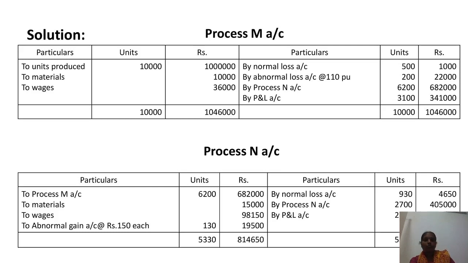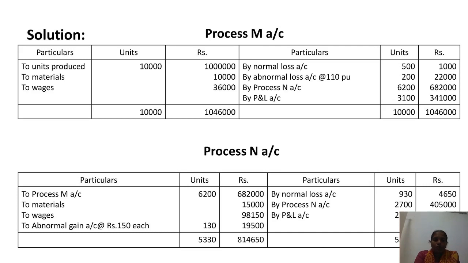That should be multiplied by the given amount. How much did we get now? 130, so 130 into 150. 130 is the number of units, and 150 is the amount we got by calculating this. So 19,500.